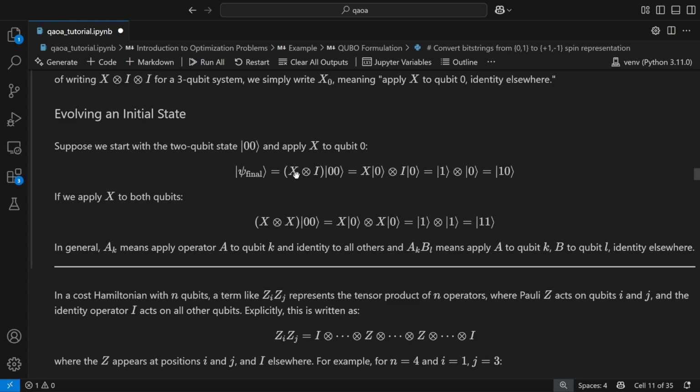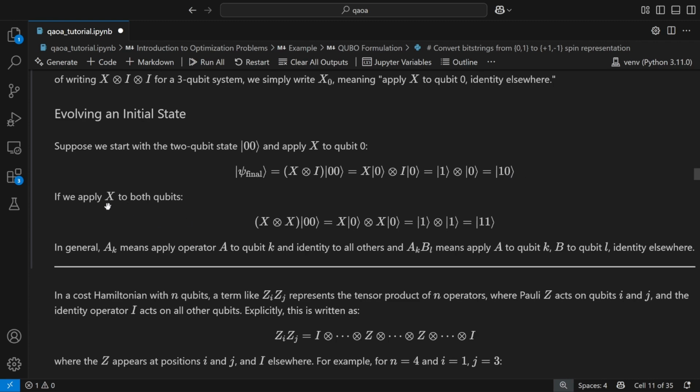And we apply the operator X on qubit 0. This means that we are actually applying the operator X tensor I for qubit 0 and qubit 1, which means that X acts on the first qubit and I acts on the second qubit. I is the identity, so it doesn't do anything. X is a bit flip operator, so it negates the value of 0 to 1. And then 1 tensor 0 just means this state 1, 0.